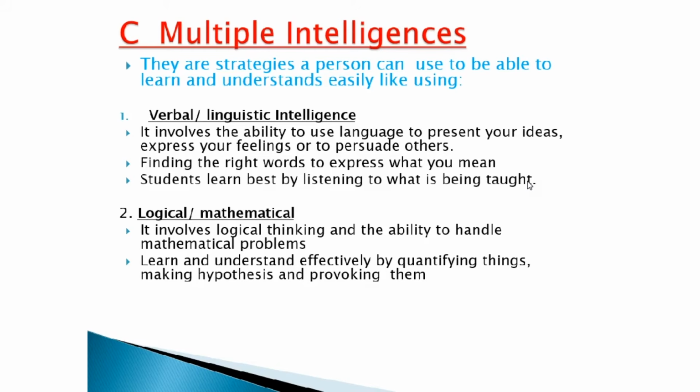Like some persons can learn and understand easier by using verbal or linguistic intelligence, which involves the ability to use language to present your own ideas, express your feelings, or to persuade others. It also involves finding the right word to express what you mean. So students with this kind of intelligence learn and understand easier by listening to what is being taught to them.